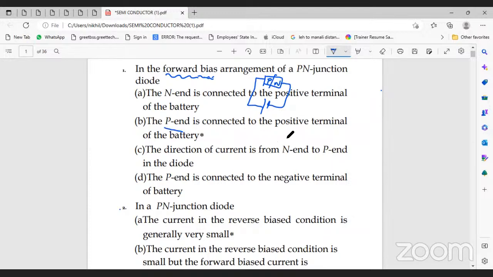P type should be connected to the positive terminal. N should not connect to the positive terminal. Is the direction of current from N to P type? No, P to N. Is P connected to the negative terminal? No. In the forward bias, the P end is connected to the positive terminal. So option B is the right answer.